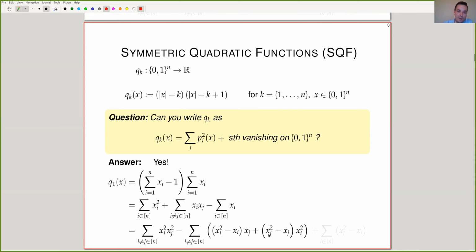And finally, the summation of xi squared minus summation of xi can be put together in this way, and this term again vanishes over the Boolean hypercube. So just to conclude, we wrote q1 of x as a summation of a monomial squared plus some term that vanishes over the Boolean hypercube.